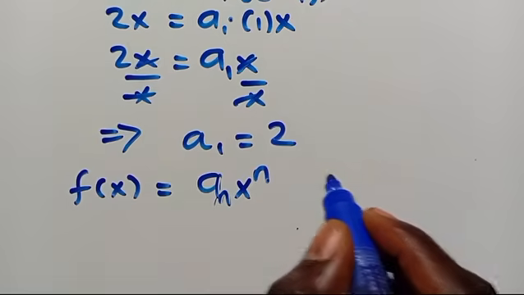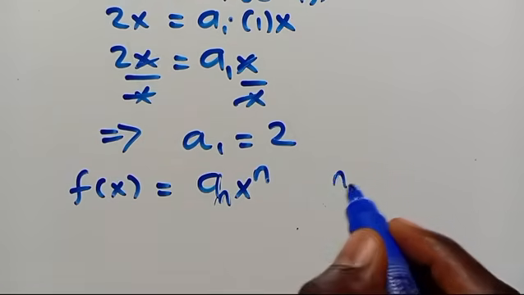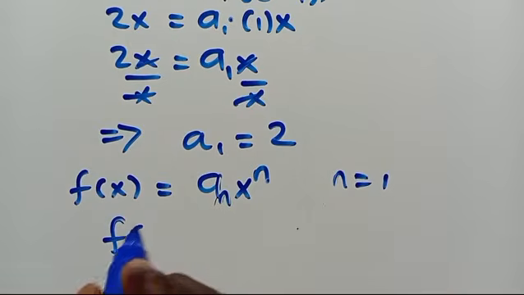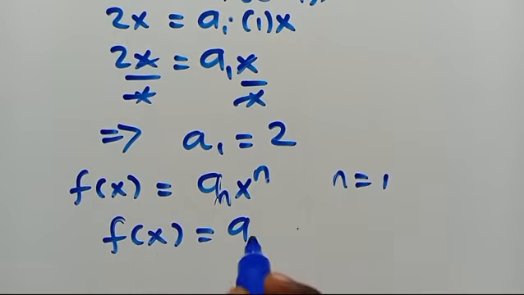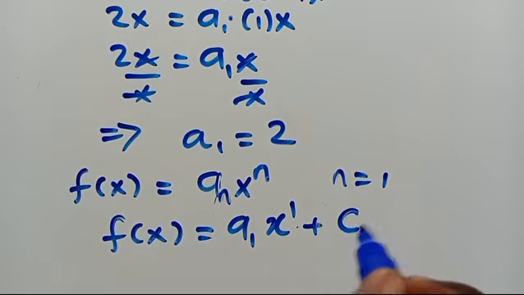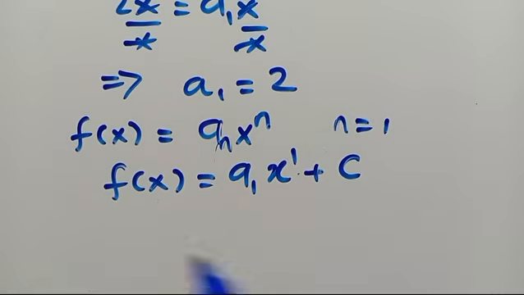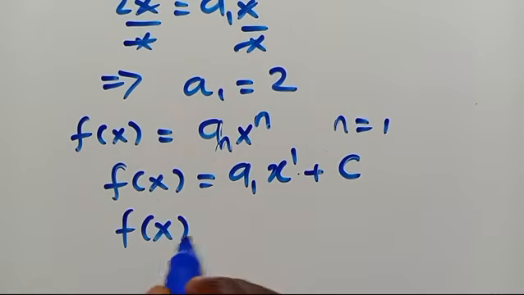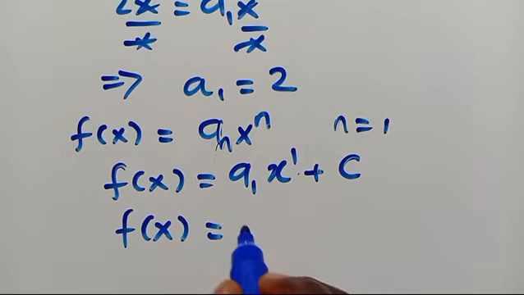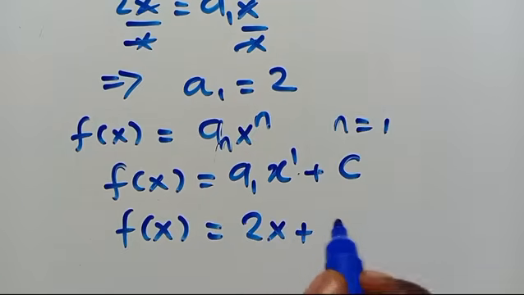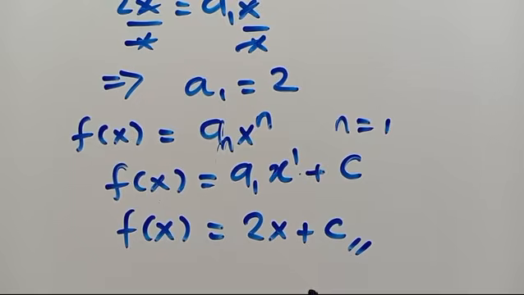So when n equals 1, we are going to have f(x) equals a_1 x to the power of 1, then plus constants. So we have f(x) to be equal to 2x plus c. So this is the general expression for the problem given to us.